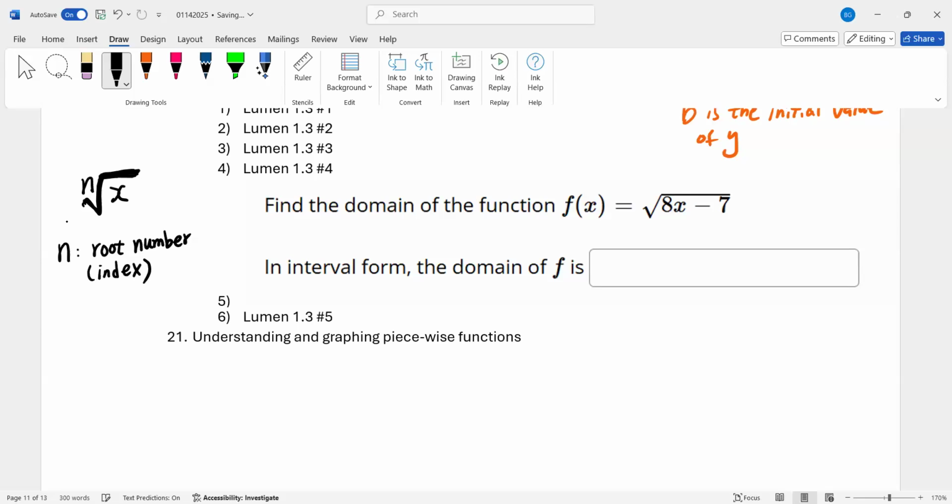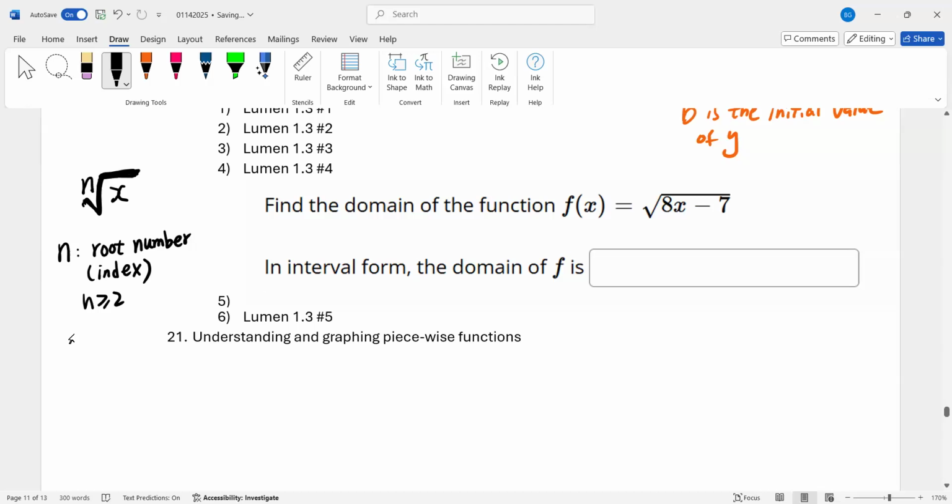n is at least 2. When n is 2, we normally do not write it out. So if you see a radical without a root number, that is default as n equals 2. When n equals 2, it is a square root. When n equals 3, that is a cube root.